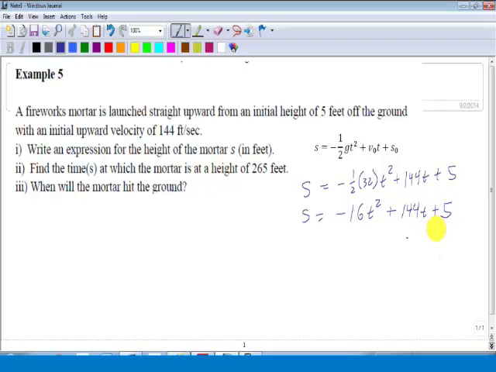If we substitute a number of seconds for t, square the t, multiply by negative 16, multiply the 144 by t, and then add all those numbers together, what it will do is give us a fairly decent estimate for the height of that mortar t seconds after it's launched. Yes? The 32 is given.